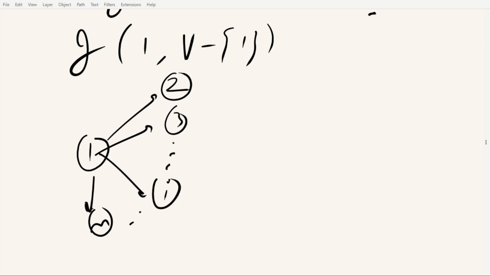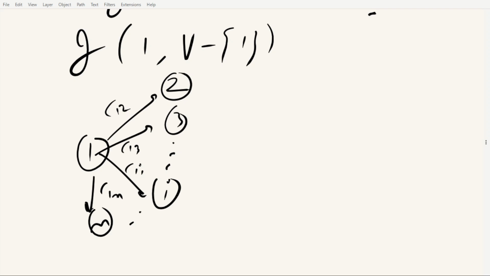Now we also note the cost of going from city 1 to city 2 is C12, similarly C13 and so on, in general C1i up to C1n. Once the traveler is at city 2, how much cost will it take to travel the remaining vertices and come back to 1?